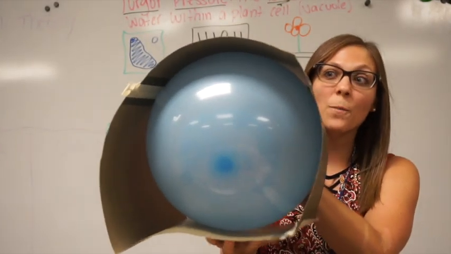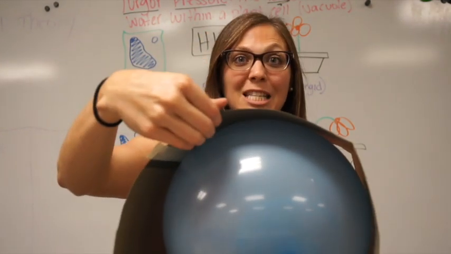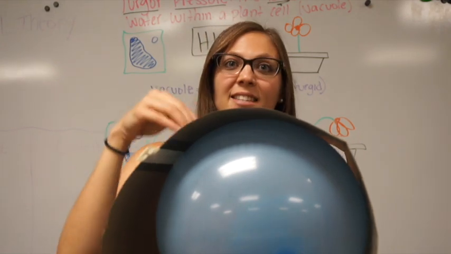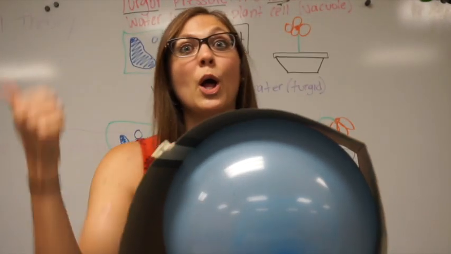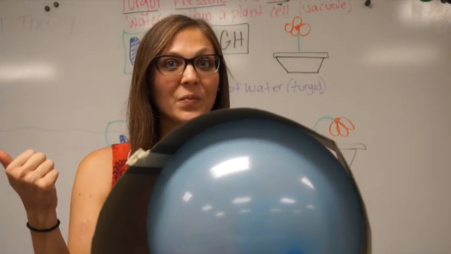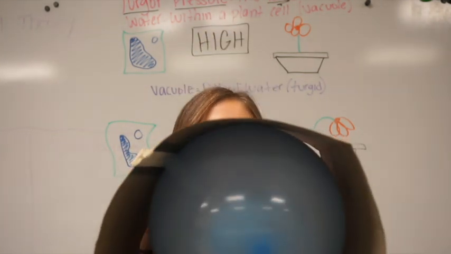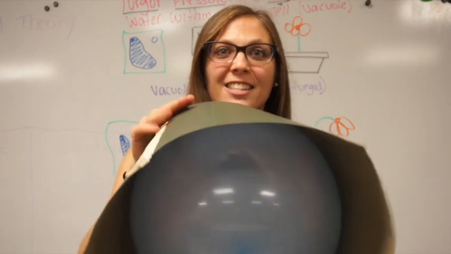So right now, I have the vacuole pushing against my cell wall. So where's the force occurring? Is the cell wall pushing against the vacuole, or is the vacuole pushing against the cell wall? In this scenario, as my vacuole gets bigger, it's pushing against the cell wall.